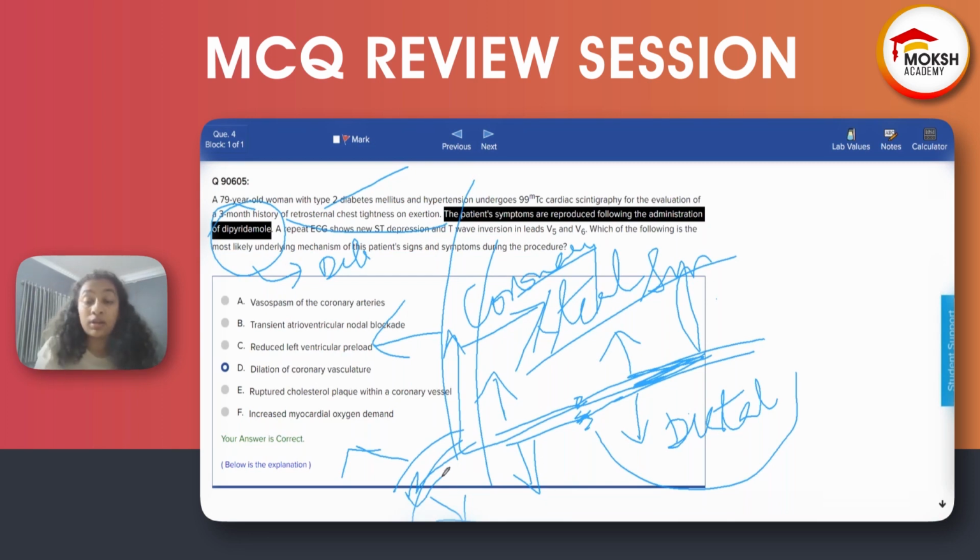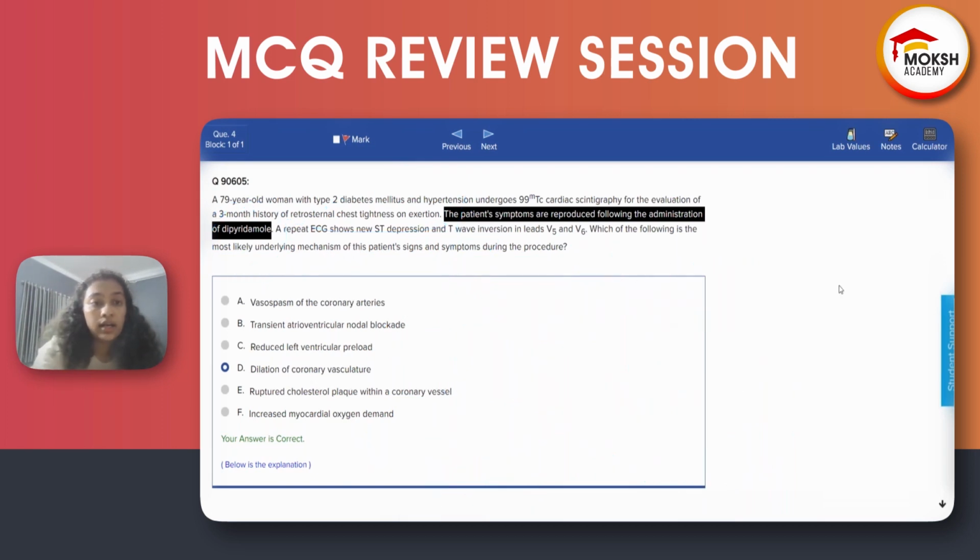Now the good vessels are also getting more blood. The stenosed part which was getting blood is not getting blood right now. Now it causes ischemia. That's why the patient is having new ischemic features, that is new ST segment depression and T wave inversion.